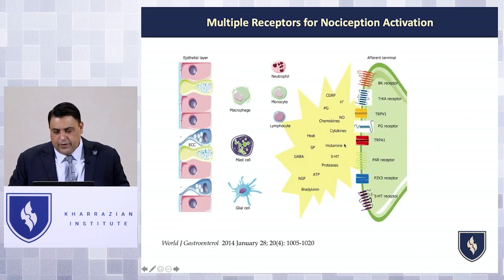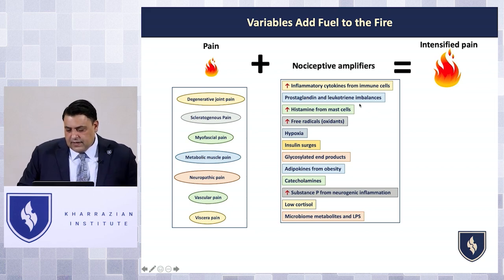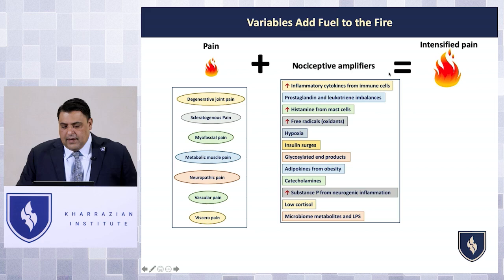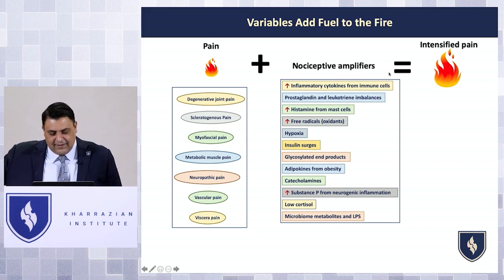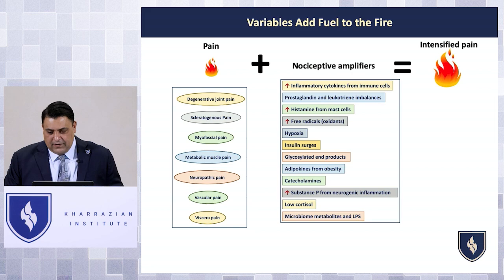When you're doing your clinical workup, once you identify the type of pain they have, you want to ask, are there any other amplifiers that are intensifying their pain, that will increase their pain patterns? So cytokines and histamines and hypoxia and insulin surges and adipokines and catecholamines, when they mix together, can intensify pain. And then these can lead to sensitization patterns, which can then lead to vicious cycle pain syndromes.